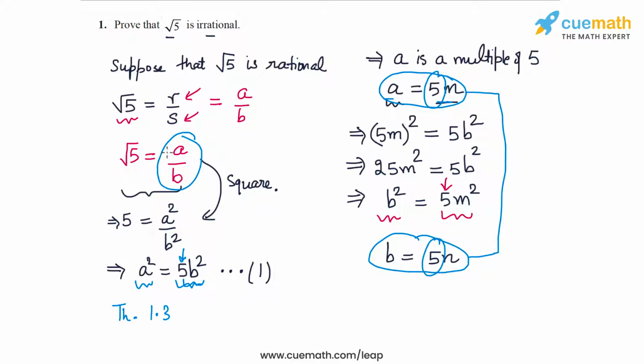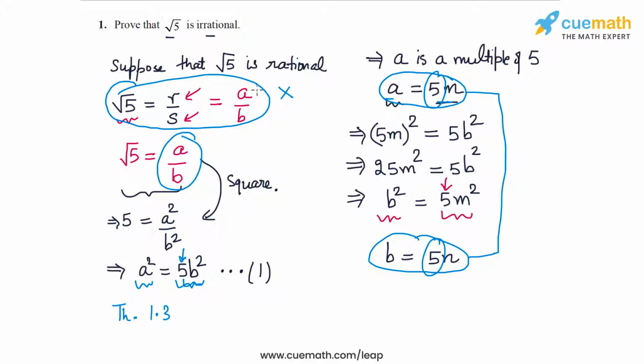So we started out by assuming that a and b have no common factor, but our analysis led us to the conclusion that a and b have a common factor of 5. So this is a contradiction, and this contradiction is happening because of our incorrect assumption of taking root 5 as a rational number a by b. So this original assumption is incorrect.